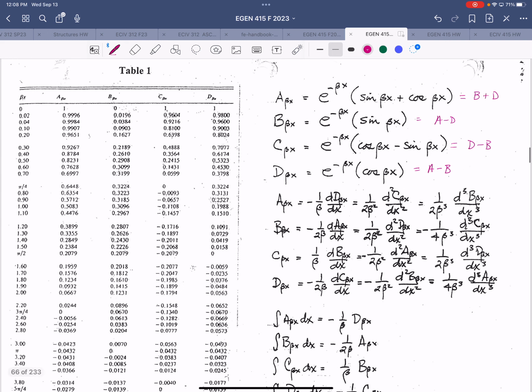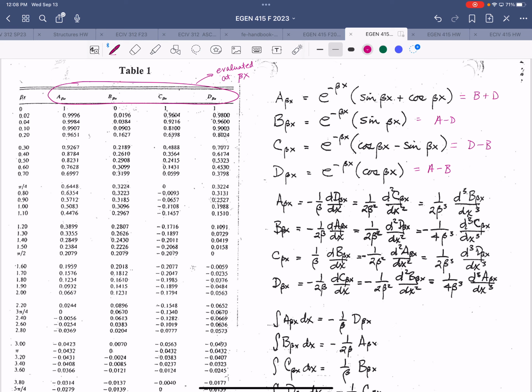All right, so these expressions are evaluated over in this table, evaluated at beta x. And remember what beta is.